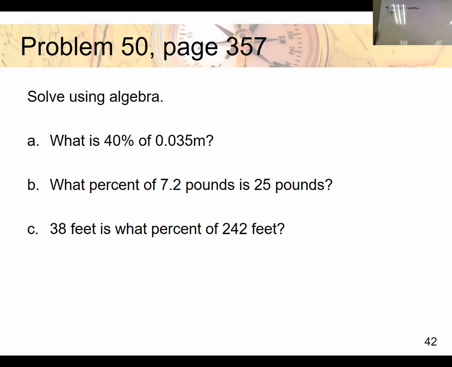So this is just basically a straight multiplication problem here that we can do here. So 0.40 times 0.035 is how much? 0.014.